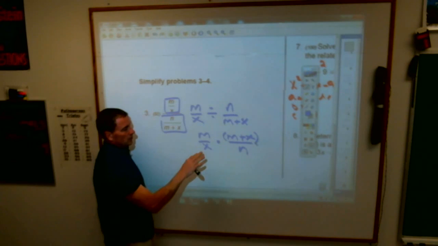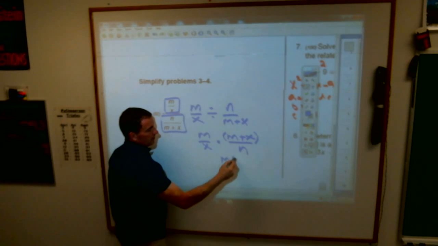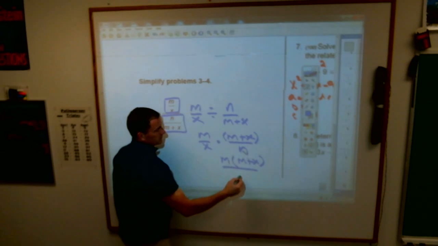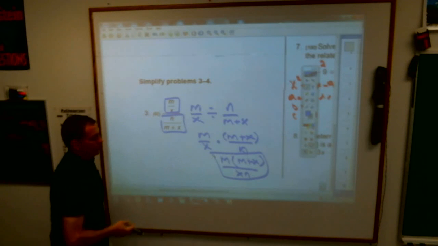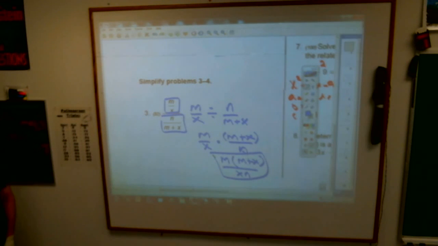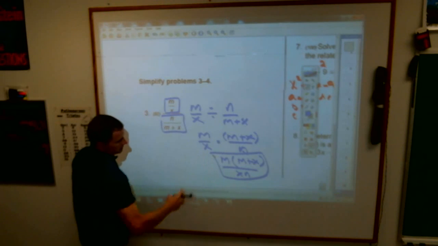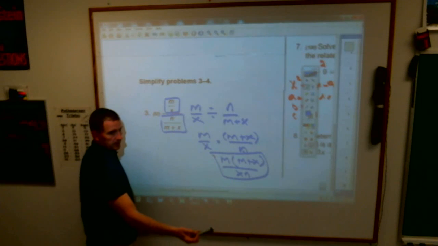So none of this crosses off, the m's and the n's, and it just ends up being m times m plus x over x times n. Nothing simplifies any more than that. If you wanted to multiply the m times the m plus x and get m squared plus xm, then by all means. Does that help? No addition or subtraction signs here, so no common denominator. This is just straight up division. Hitting the stop button.